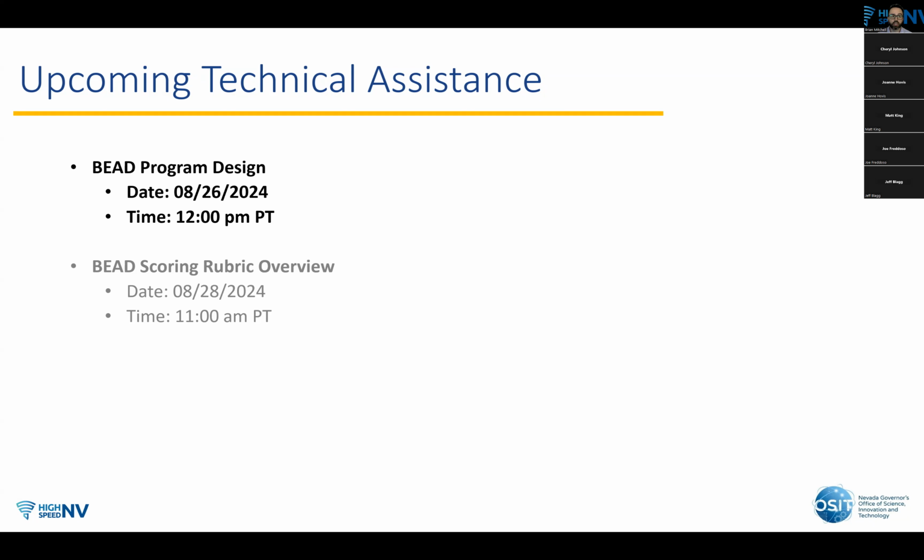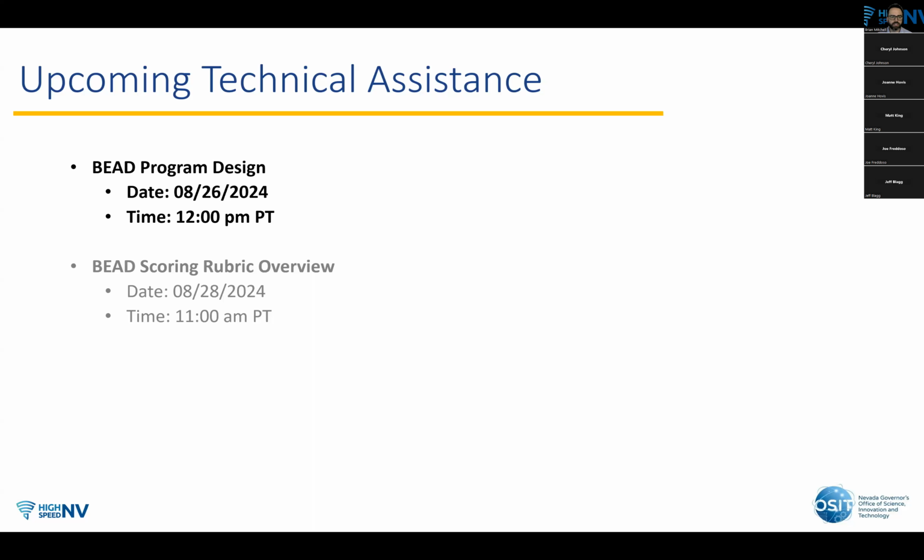Applications are due October 10th, and today marks the start of a 45-day clock, wherein you will have the opportunity to apply. So all of the application materials will be in your inbox and on the OSIT website here within the hour. We're very excited for that, and we're very much looking forward to seeing all of your applications for BEAD.